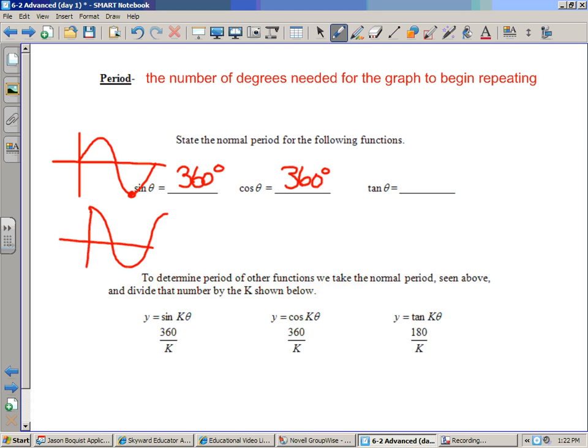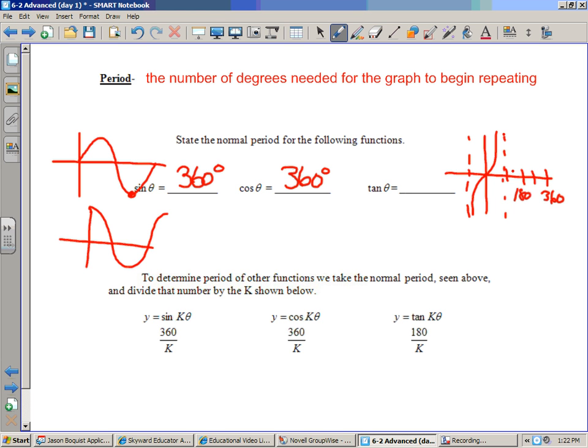Now, tangent, well, where are your asymptotes for tangent? If you take a look, where's the first one, say? At 90. So here's 360, here's 180. So right here you're saying is an asymptote for tangent. And then over here's one as well, right?